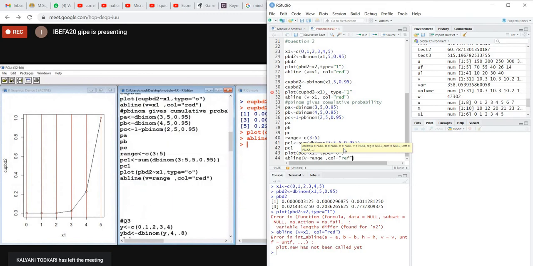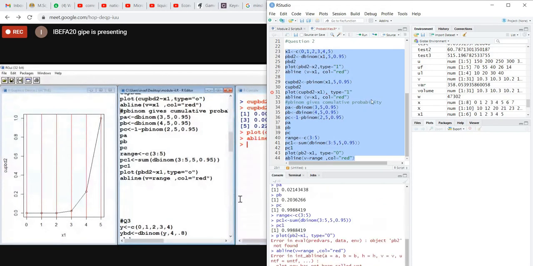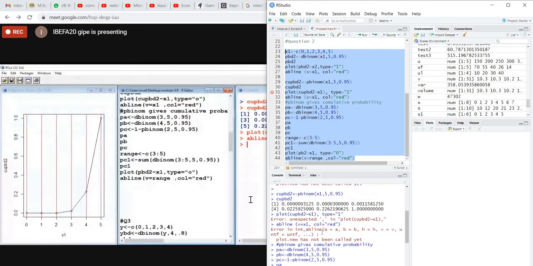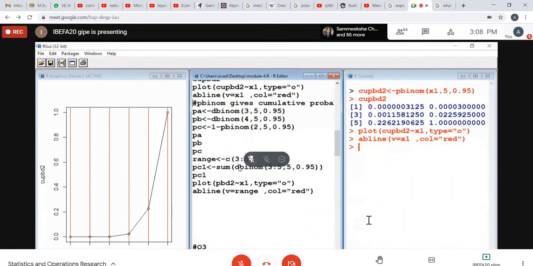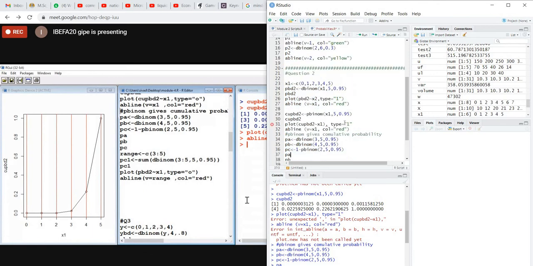Even you can compute the probability in a different form. Say you want the probability for 3, 4 and 5. There is an alternate procedure. The range of values is 3, 4, 5.